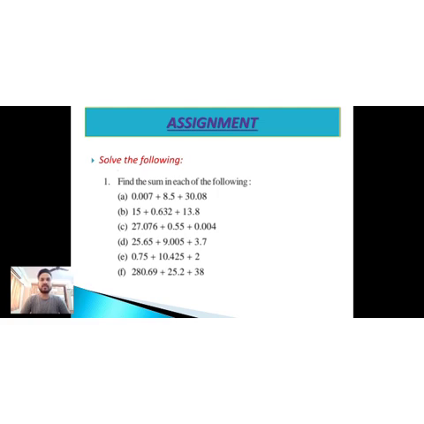We have to use all these 3 steps to add these numbers. Only one thing we have to keep in mind, that we have to use the vertical method and we have to place all the values point to point. By these two points we can find the addition of numbers.